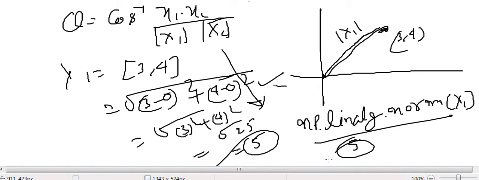The idea is that we are calculating the angle between the vectors, and we compare the angles to find which vector is more similar to which vector. So let's go to the Jupyter notebook and perform the same thing using NumPy.